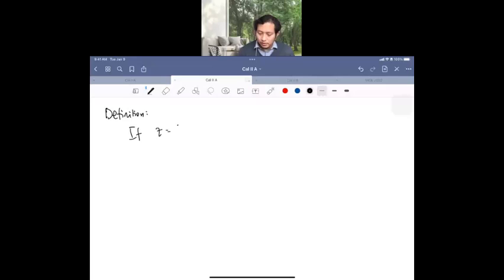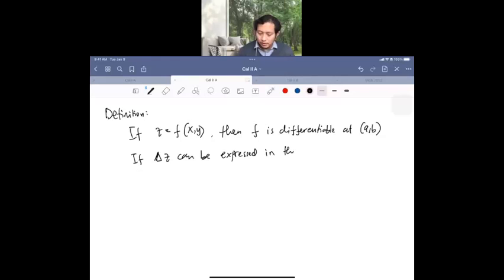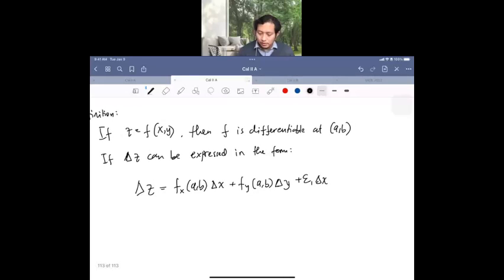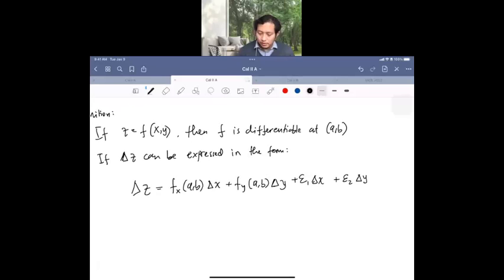If z is a function of two variables, then f is differentiable at point (a, b) if delta z can be expressed in the form, and then we have epsilon for each of the changes in x and y.